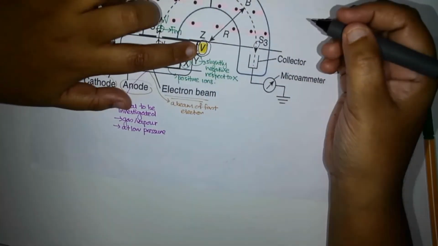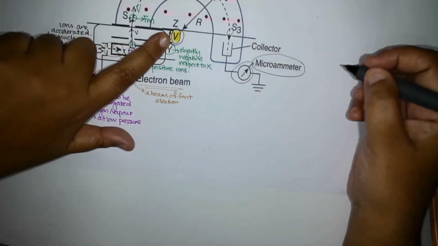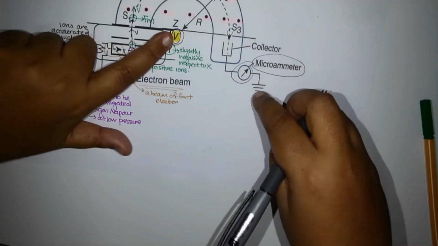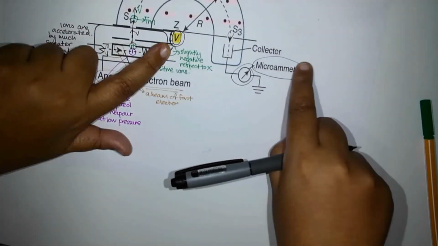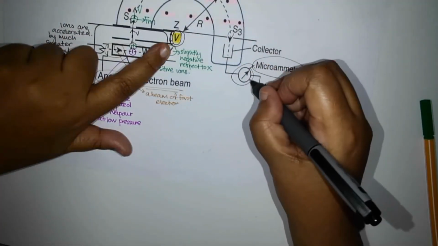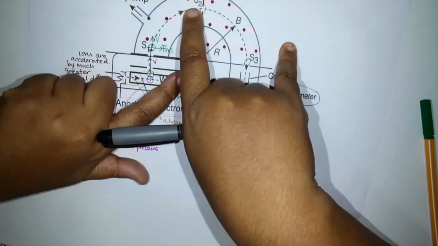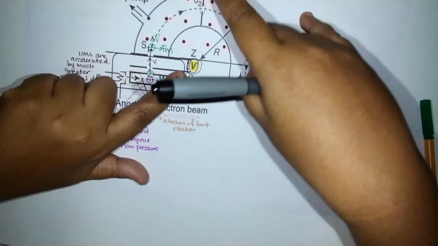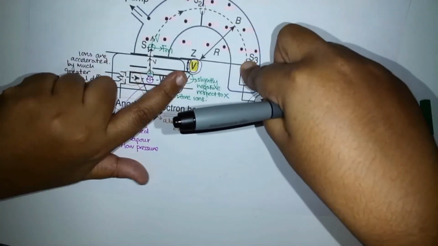We adjust it until this micrometer shows a non-zero reading. Once we adjust this potential difference until the micrometer shows a non-zero reading, then this positive ion will pass through slit S2 and slit S3. It will just go in a beautiful circle here.